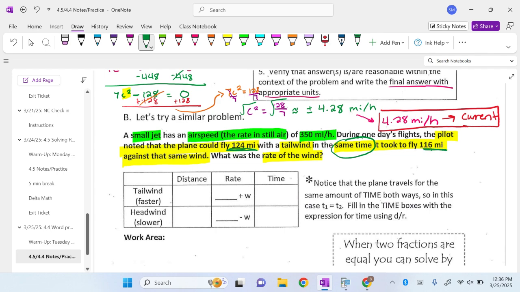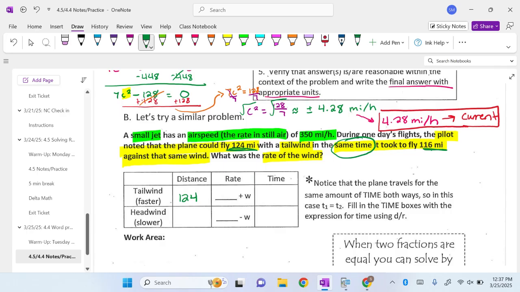All right. So what's our distance for the tailwind flight? Which distance, 124 or 116, did it say we go for a tailwind flight? 124. So that's our distance for the tailwind flight. What was the rate that we went?